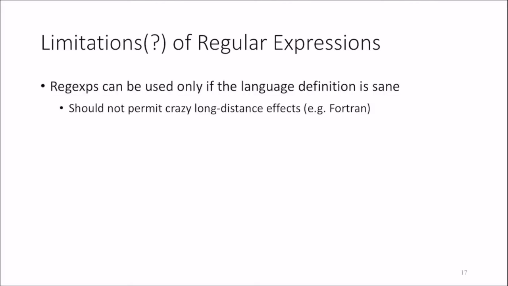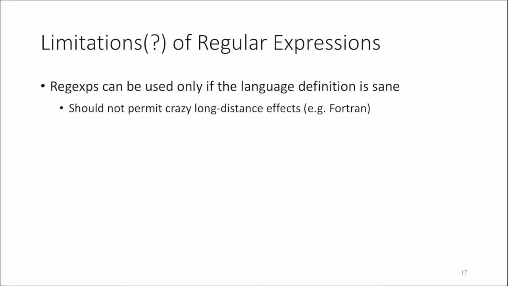However, there are some so-called limitations. Regular expressions can only be used if your language definition is sane, so that you are actually providing a language specification where the tokens are defined in some limited way. Not every possible token can be defined.